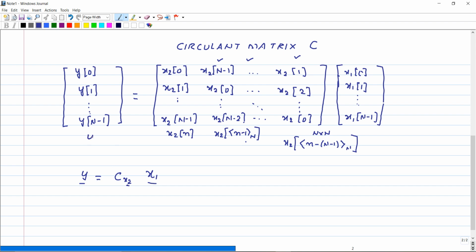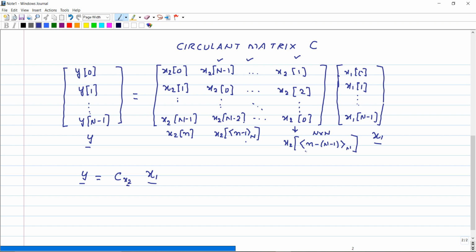The output we call y, the first signal x1 of n we call x1, and this whole matrix is C, which is of size n cross n.